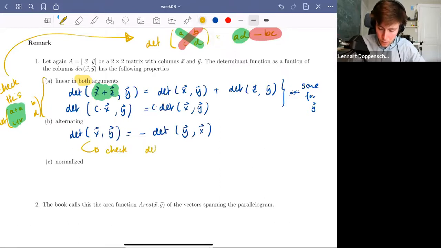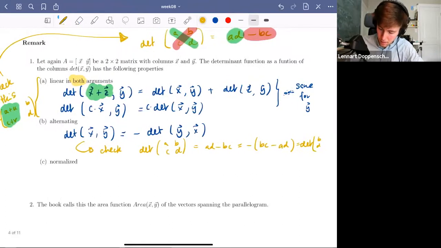We know that the determinant of a, b, c, d is equal to ad minus bc. And when we introduce a minus sign, so we have minus bc minus minus ad, then we see that this is exactly the determinant of the matrix b, d, a, c. So that indeed we switched around these two columns.